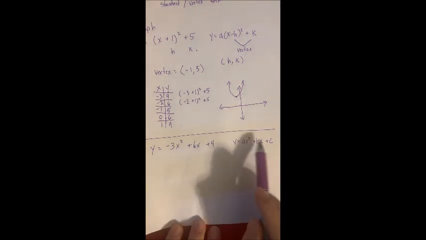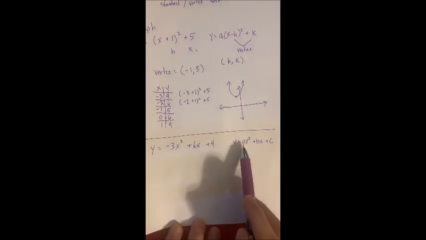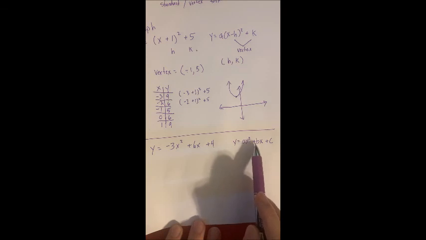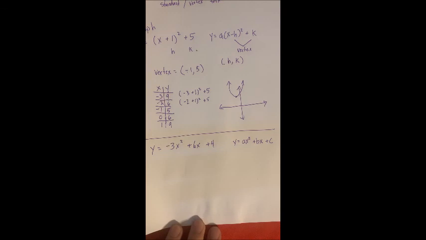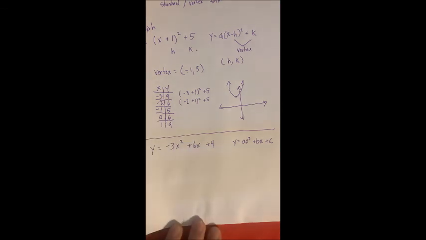You guys already saw this in chapter 7 with polynomials. It's going to be some number times x squared, then the next term is some number times x, and the last number is just a constant. That's what we have over here: ax squared plus bx plus c.